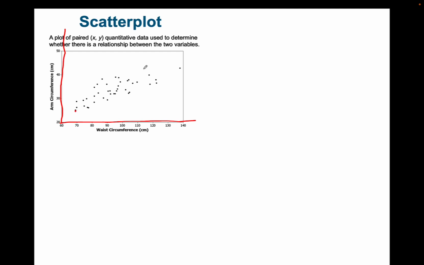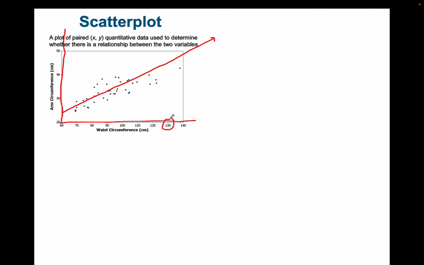The reason for a scatter plot is oftentimes to check if our dots, although scattered, fit some kind of best fit line, because if they do, we can use the equation of that line to make predictions. Like, okay, well, we got all this data, but what if we happen to have a person with a waist circumference of 130?